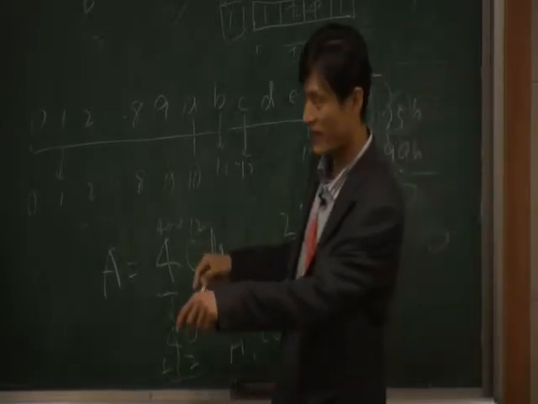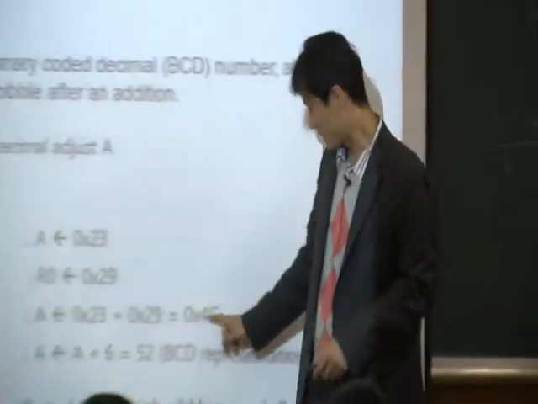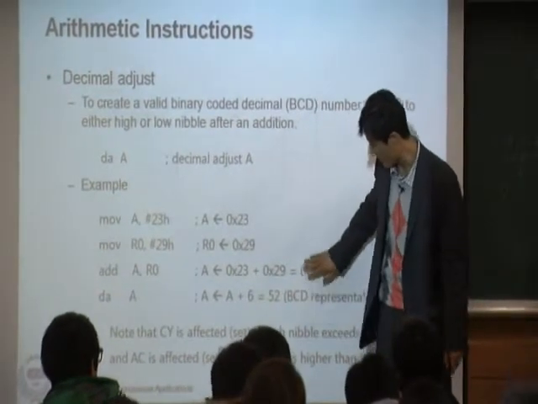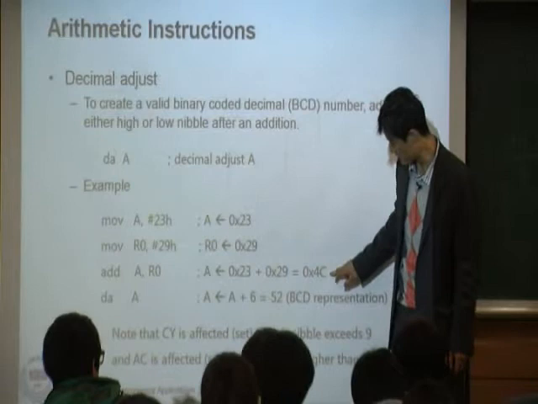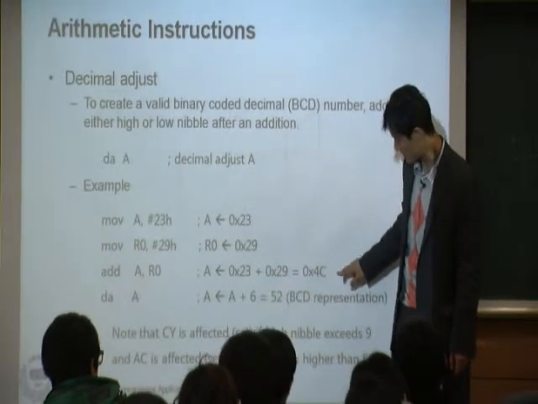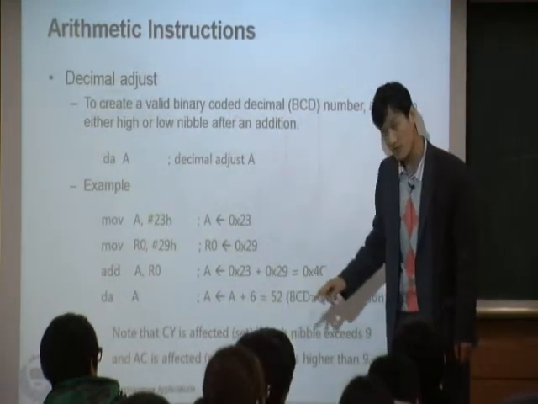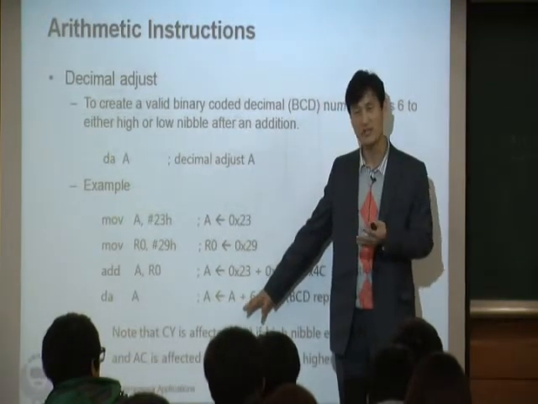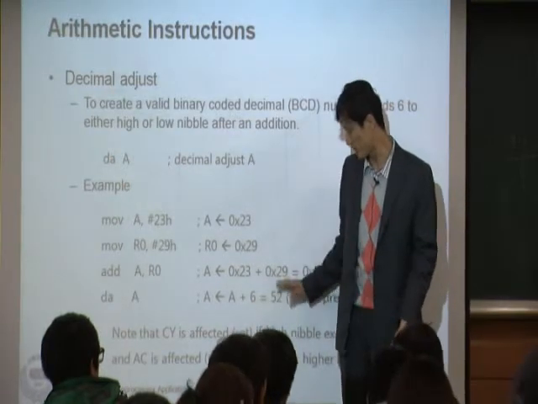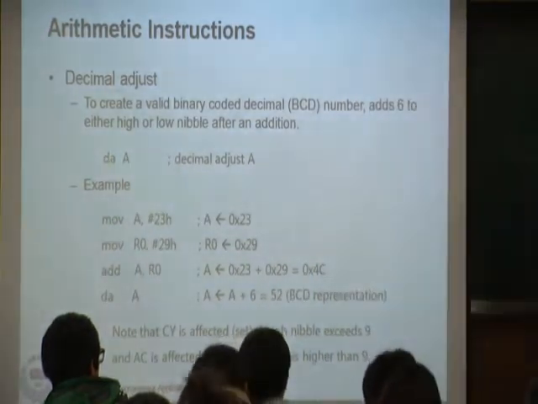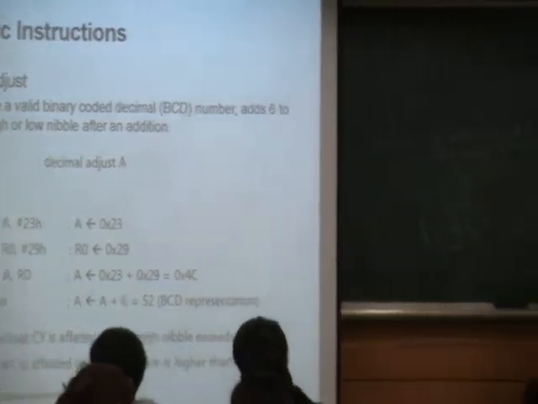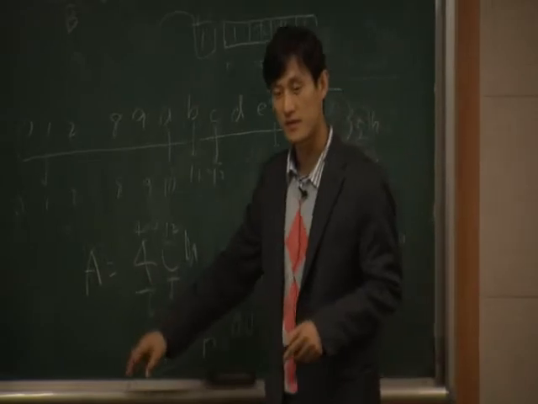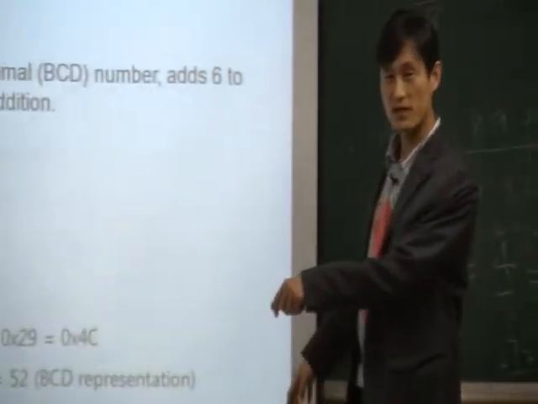This one is the hex representation and this is the BCD representation. So in hex, you do 4C plus 6, and it becomes 52. This is an easy calculation for converting hex to BCD. But anyway, this is the BCD value, 35 or 52. This is the easy way to calculate.